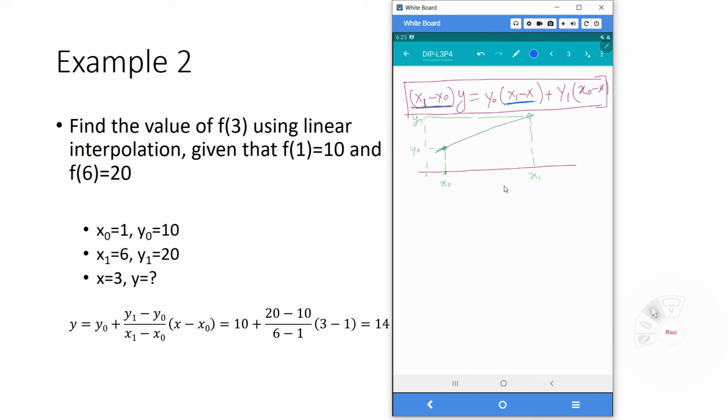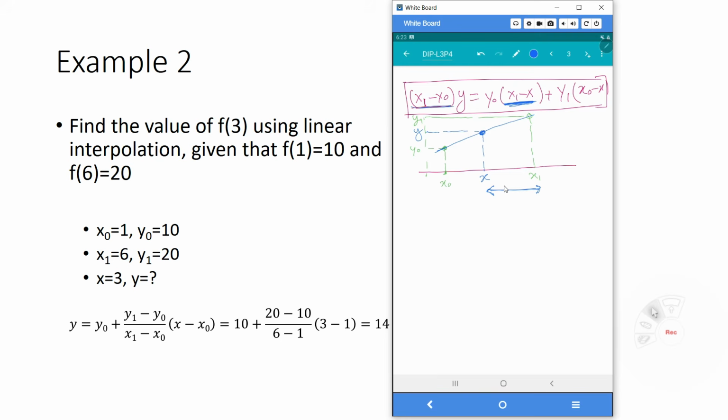This is our straight line we had, and this one, x, is the point we want to calculate the values for. x1 minus x is basically the distance between the second point and the point at which we want to calculate our function. So this is that distance.